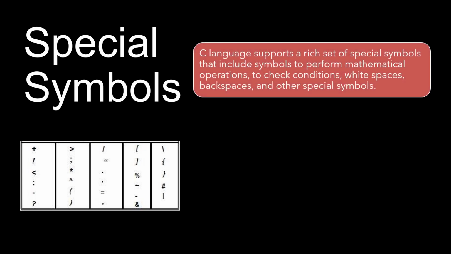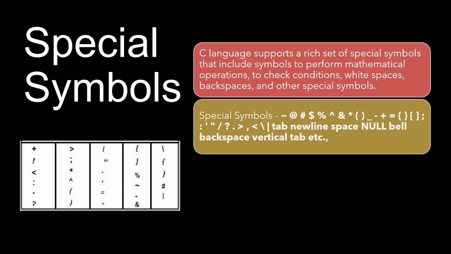Now, let's see about special symbols. The following figure represents the special symbols supported in C language. C language supports a rich set of special symbols that include symbols to perform mathematical operations, to check conditions, white spaces, backspaces, and other special symbols.